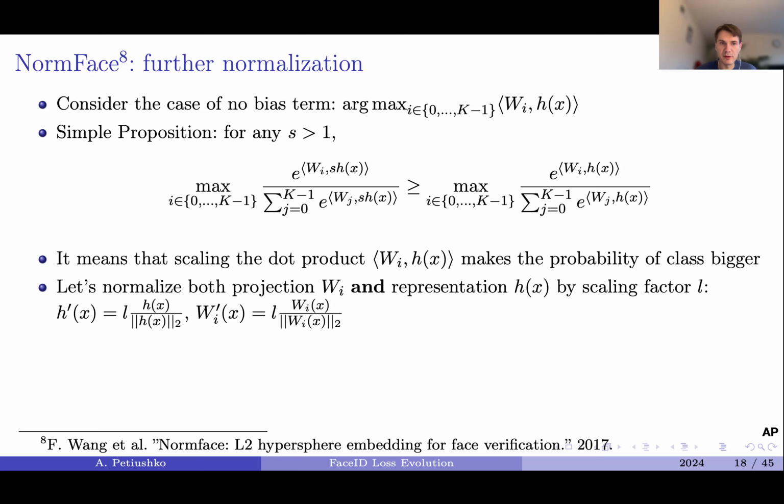And the proposal here, an additional proposal, is to normalize both the projection wi and the representation h of x.